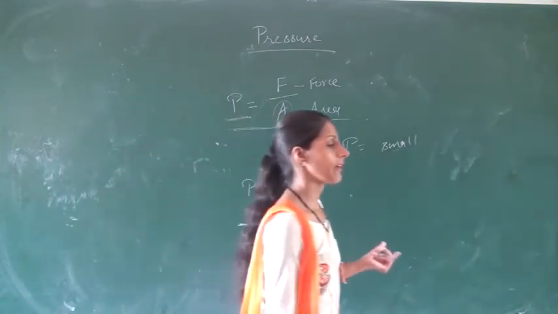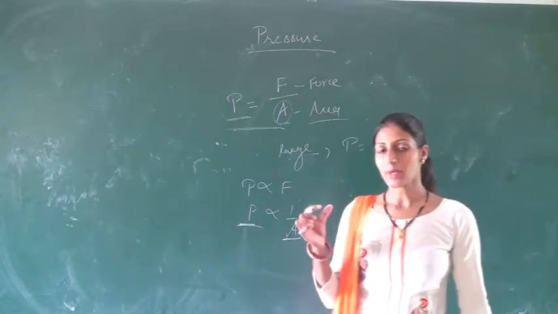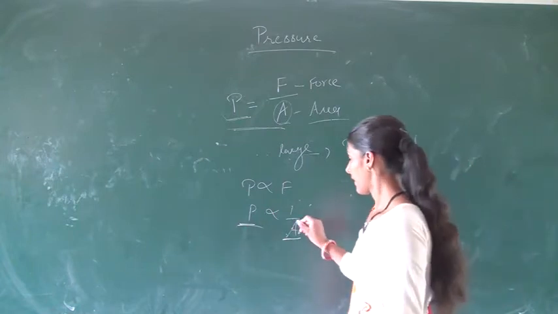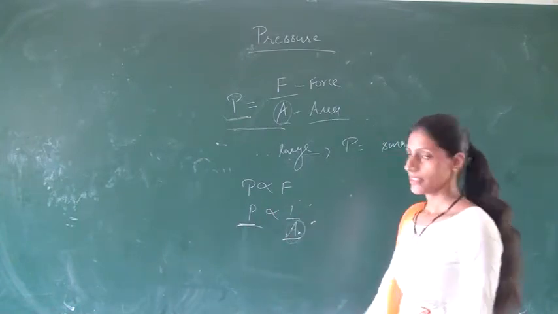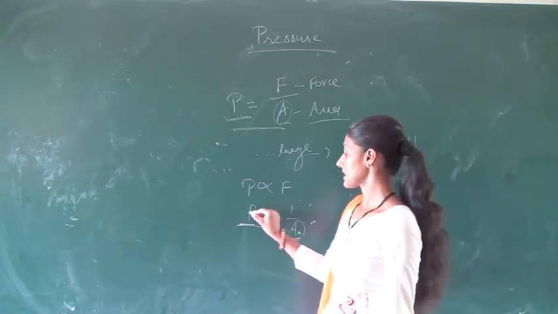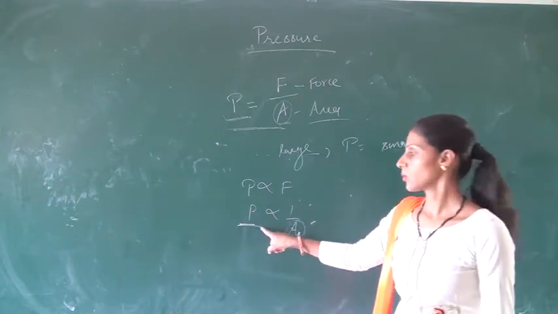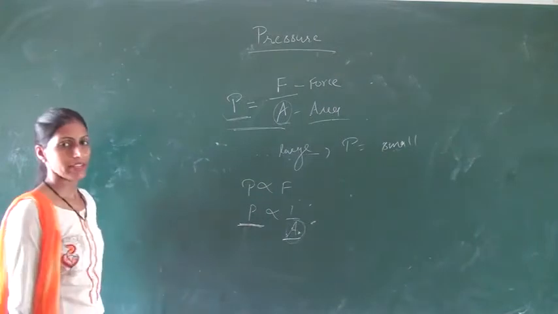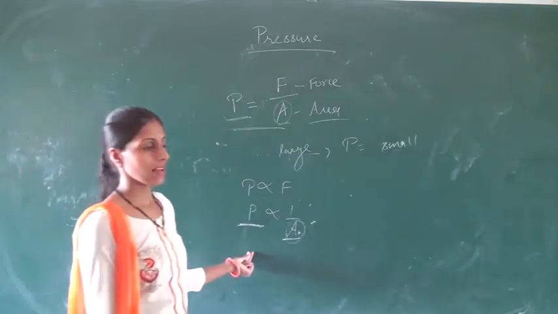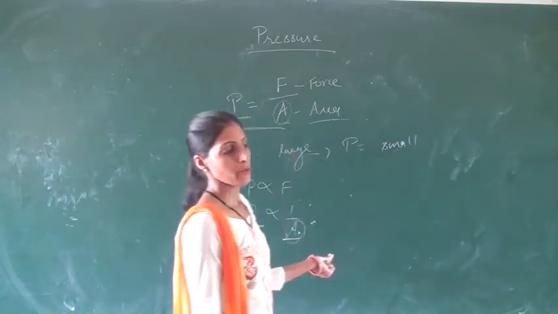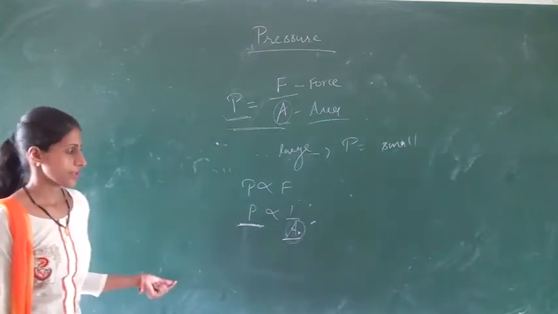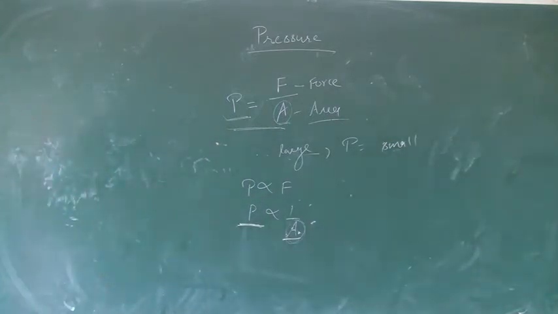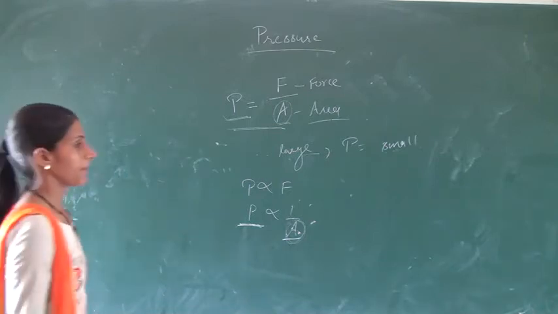Similarly, when the wide straps of our school bags cover a large area of our shoulder, the pressure exerted by the wide strap is small, and we feel comfortable and not too much weight on our shoulders. Okay? After that, similarly, next example.